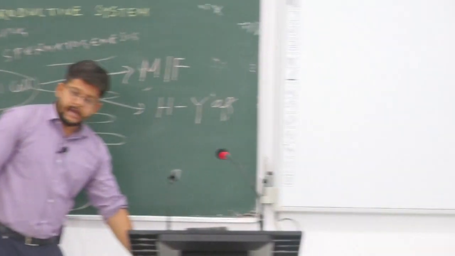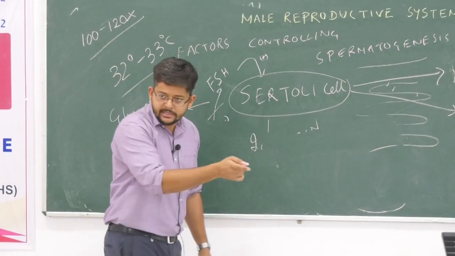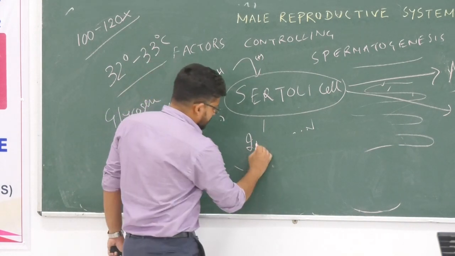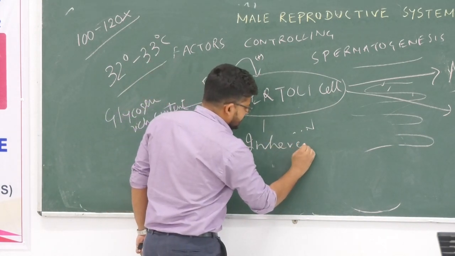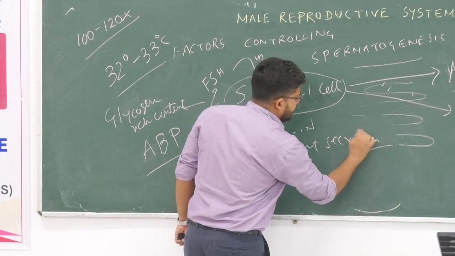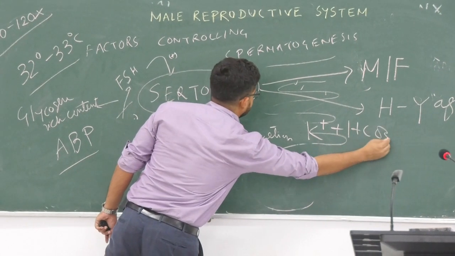What else? Sertoli cell has its own inherent secretion. এত কিছুর বাদে, হ্যাঁ, testosterone etc. যা কিছু হলো, it has its own inherent secretion, and that inherent secretion of Sertoli cell is rich in potassium and bicarbonate.